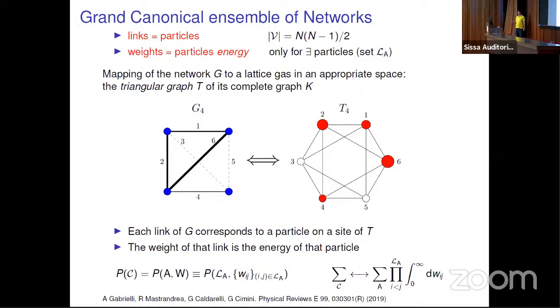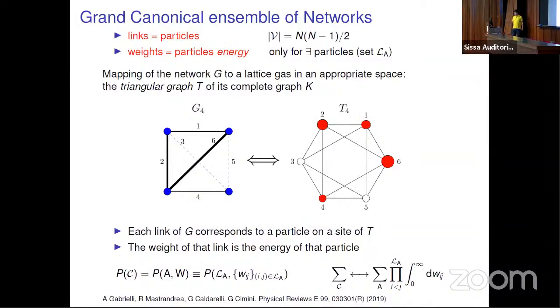So you take your original network, and each link of your network corresponds to a node here, and the weight of the link corresponds to the energy of the particle here. Once you have mapped your system into this space, you can do traditional ensemble construction.